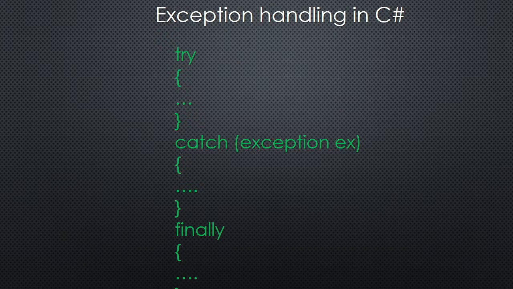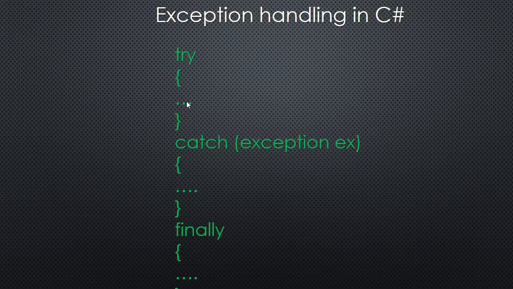How can I notify myself as a programmer, or notify the system, or how can I catch this exception and do something with it? We have the try and catch block. Using the try and catch block, I can make sure that if something wrong happens, I can know about it. How does this work?